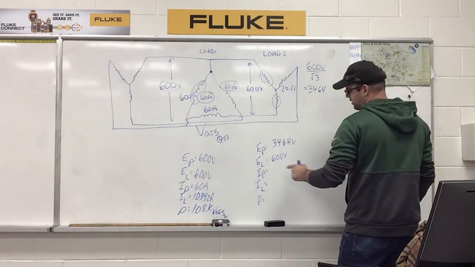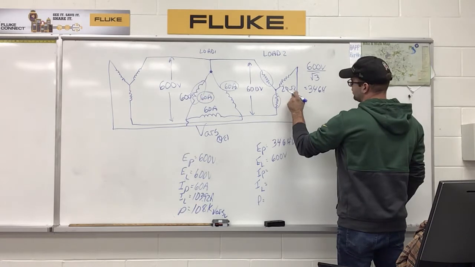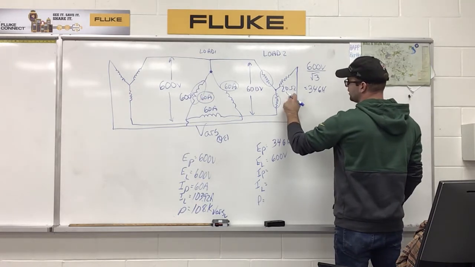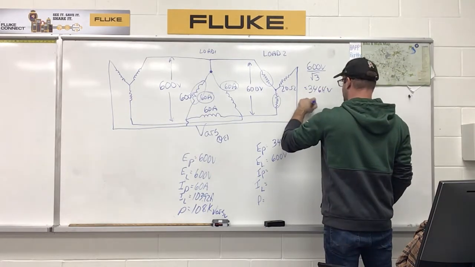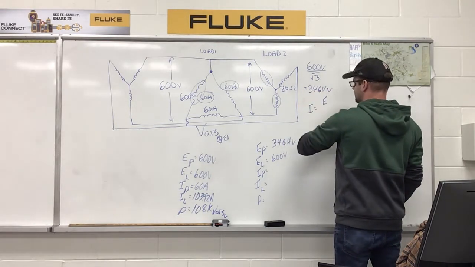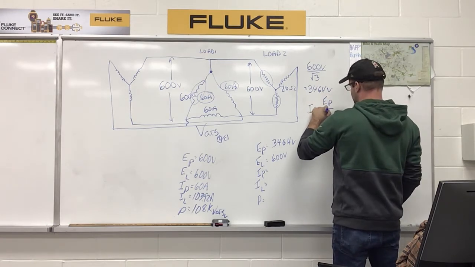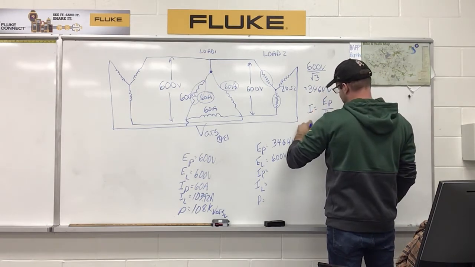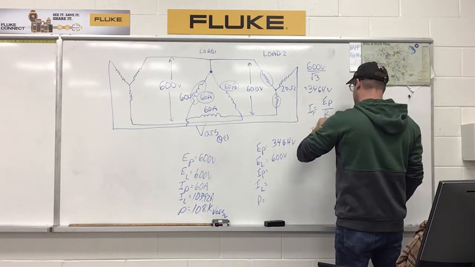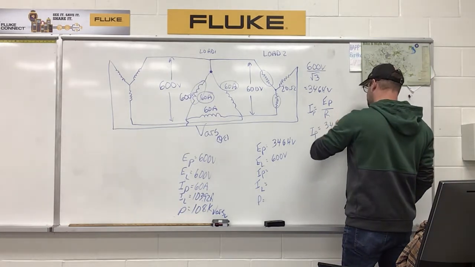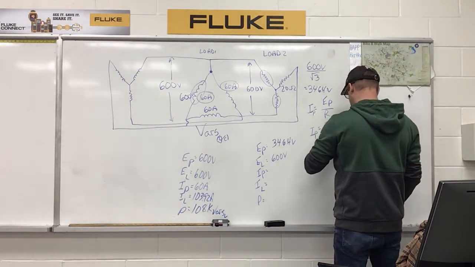Now let's look at our phase current. Well, phase current, you need to look at obviously the relationship between the ohms and our voltage. So current is going to be our E phase divided by our resistance. So our I phase is going to be 346.4 volts divided by 20 ohms.